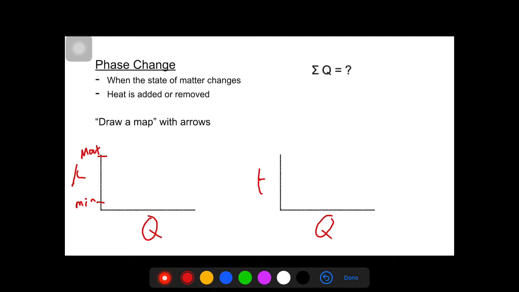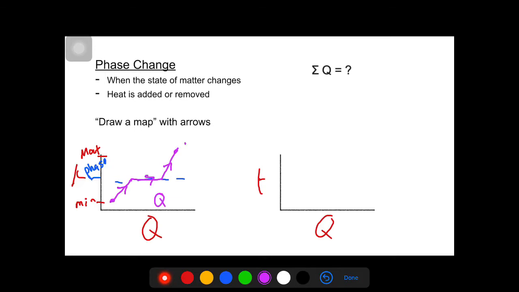If there happens to be a phase change, we put a dashed line at the phase change. Then we get a temperature change, a phase change, and a temperature change, and we draw arrows from our initial to our final.